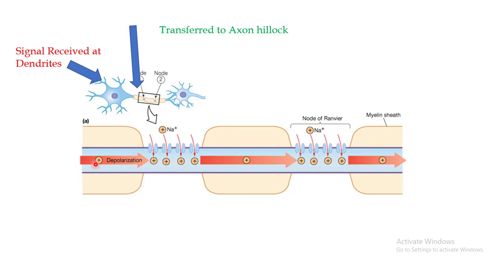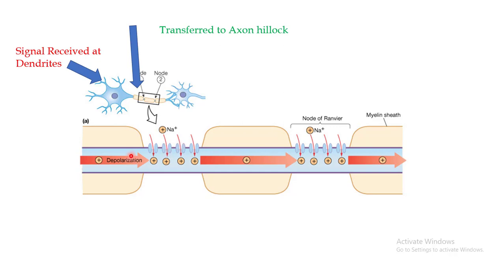And when this change, which is known as the depolarization, moves along the axon, the voltage gated sodium ion channels are going to open because of the changes in the transmembrane potential.